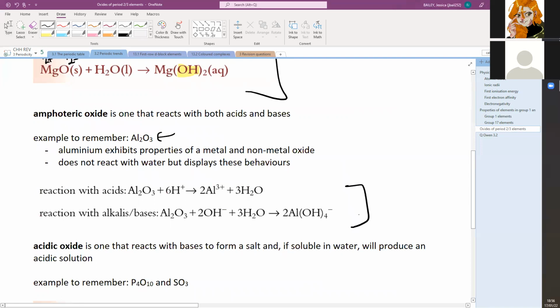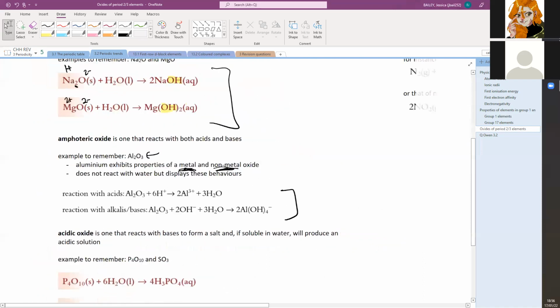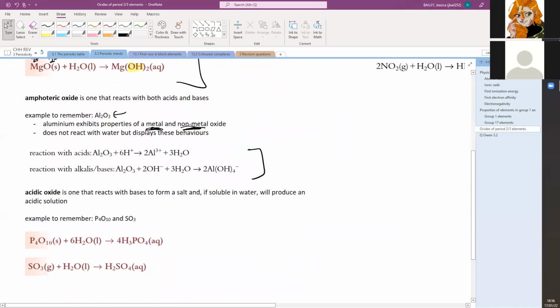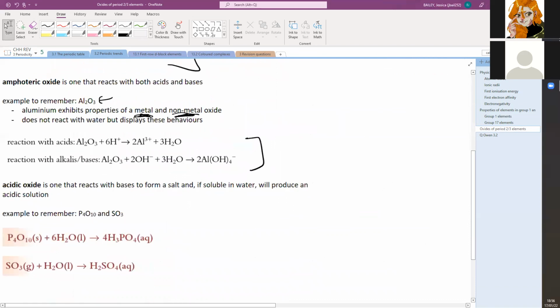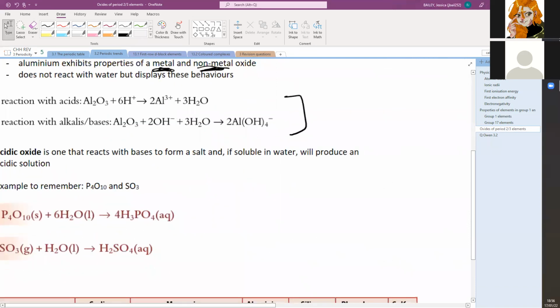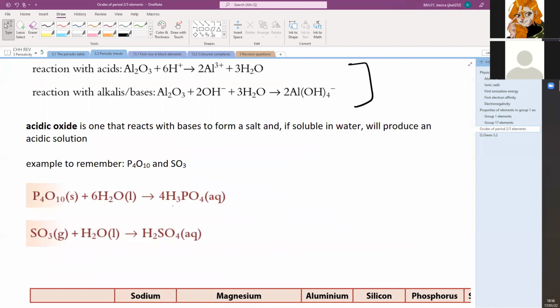These you don't have to remember, just remember that aluminium exhibits properties of being both a metal and a non-metal oxide, and that's why it's amphoteric. And acidic is something that reacts with water. As an oxide, it reacts with water to form an acidic solution.